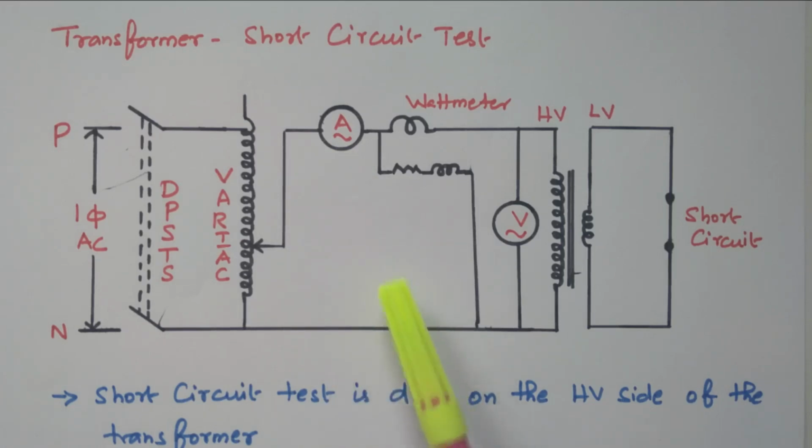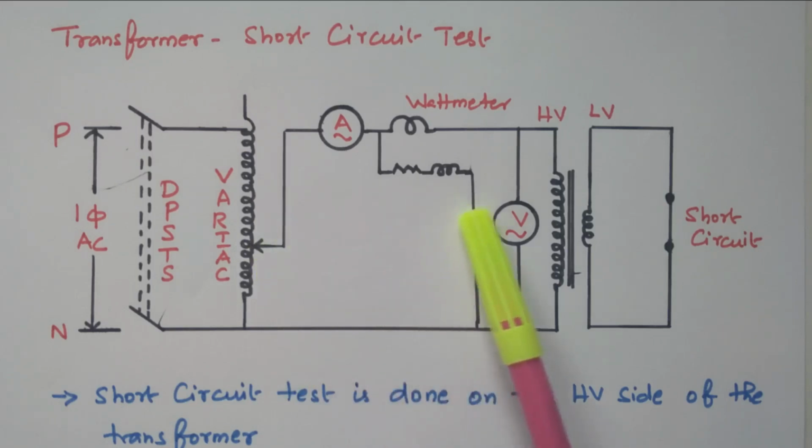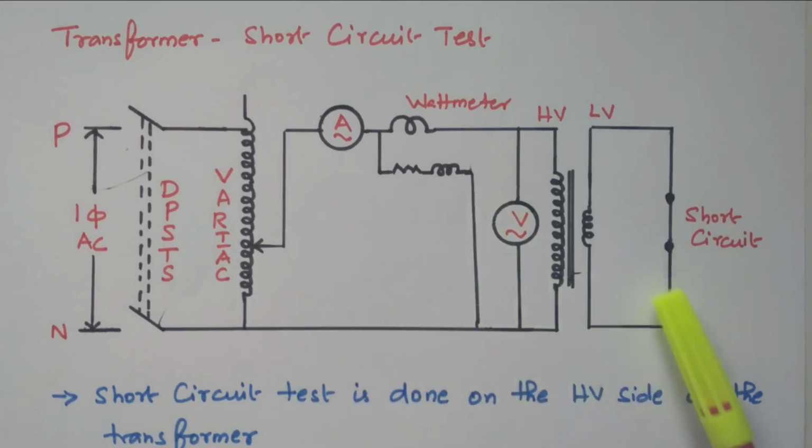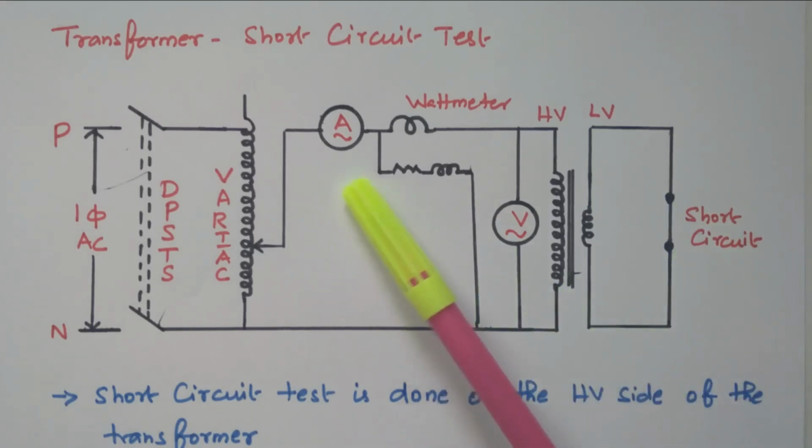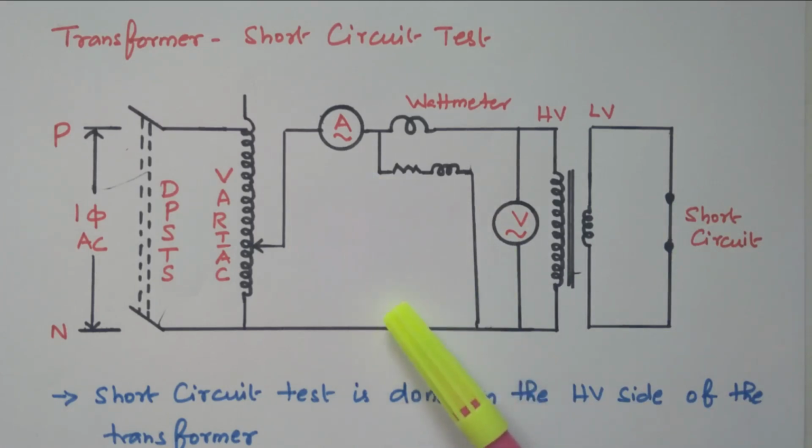How to measure the rated current we will see later. So by varying the variac, the rated current is applied to the primary winding. The secondary winding is short circuited. So the applied voltage is very low, but the current is high. The rated current is applied.